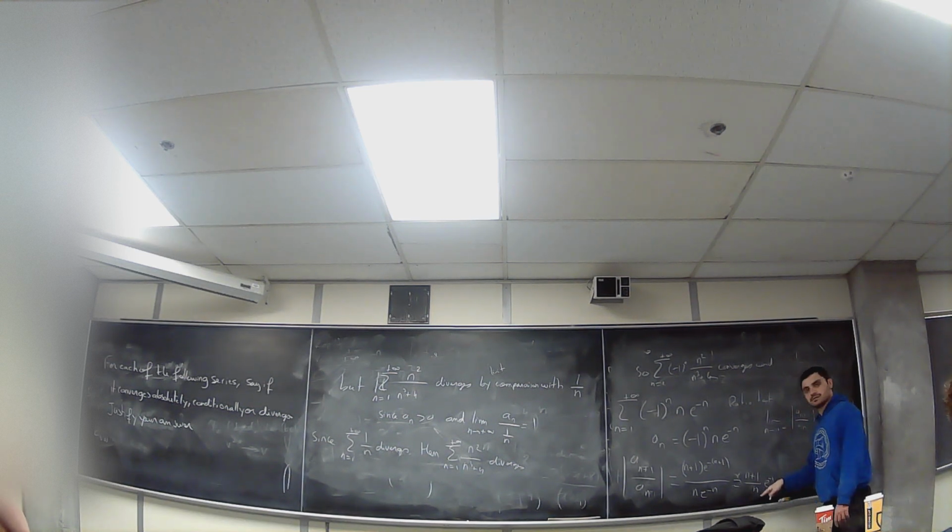So the limit as n goes to infinity of the absolute value of (n plus 1 over n) times e to the minus 1 goes to 1 times e to the minus 1. So this is just 1 over e, which is less than 1. By the ratio test, this series converges absolutely. Very good.